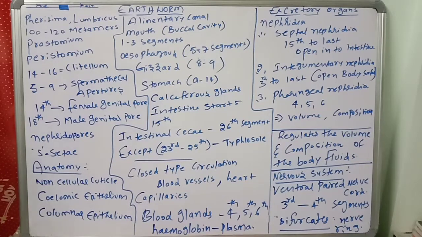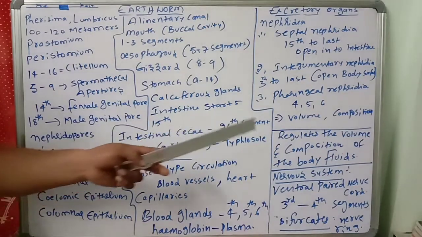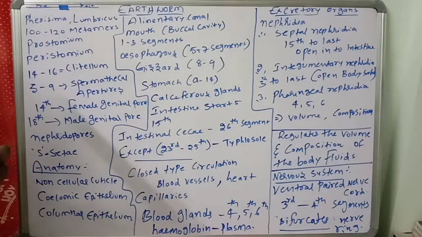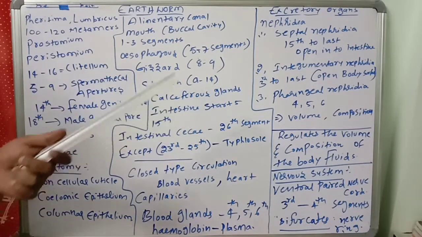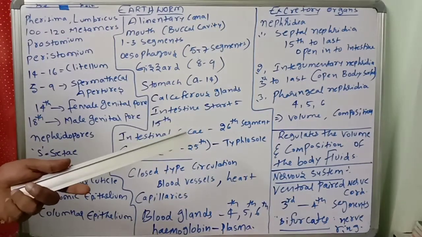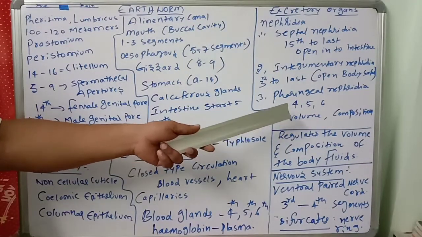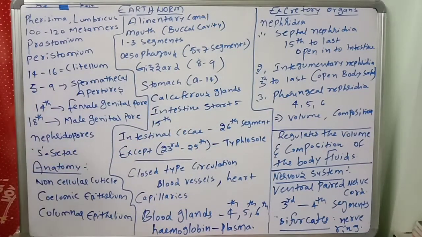The funnel connects to the tubular part of the nephridium, which delivers the waste through a pore on the surface of the body wall. Some open directly onto the body surface, and some into the digestive tube, so the waste goes to the anus.